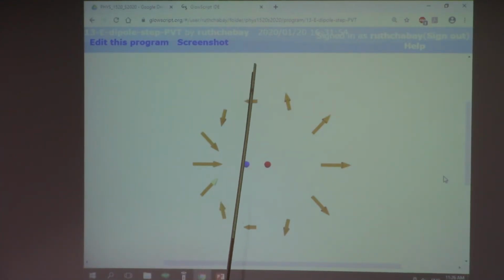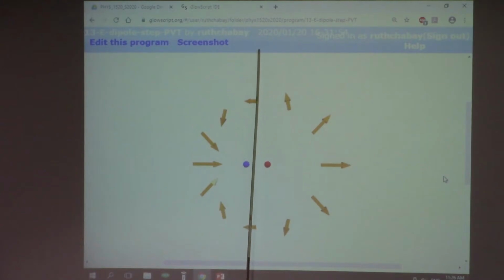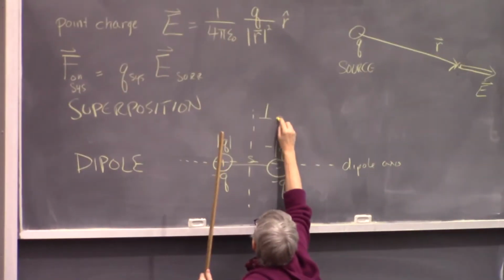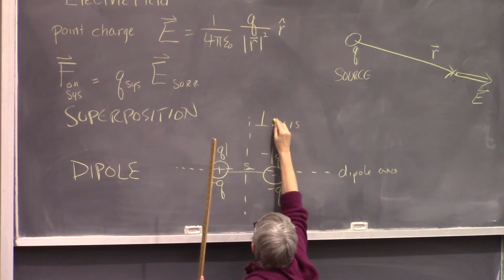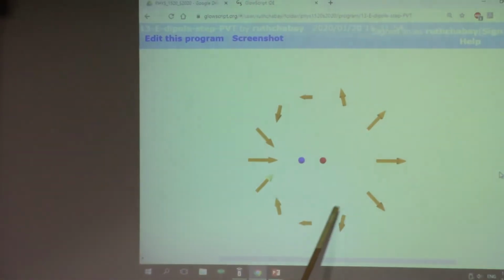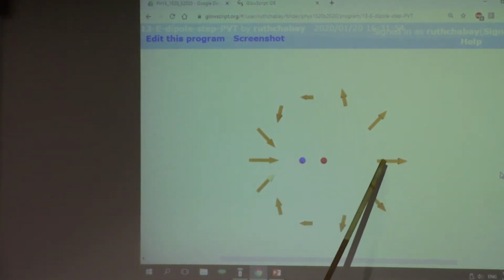And this other axis of symmetry is perpendicular to that axis. We call that the perpendicular axis. And on that axis, the field is pointing in the other direction, and it seems to be about half as big as that field. So we'll see if that holds up when we actually start trying to calculate things.